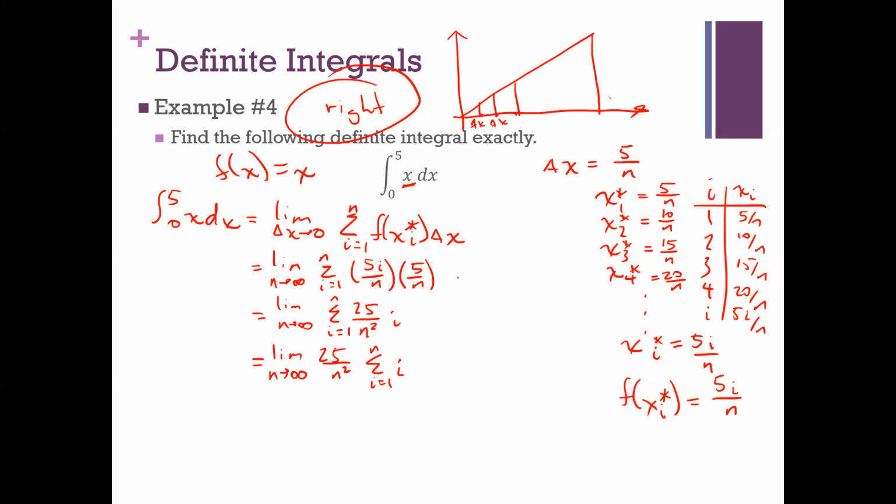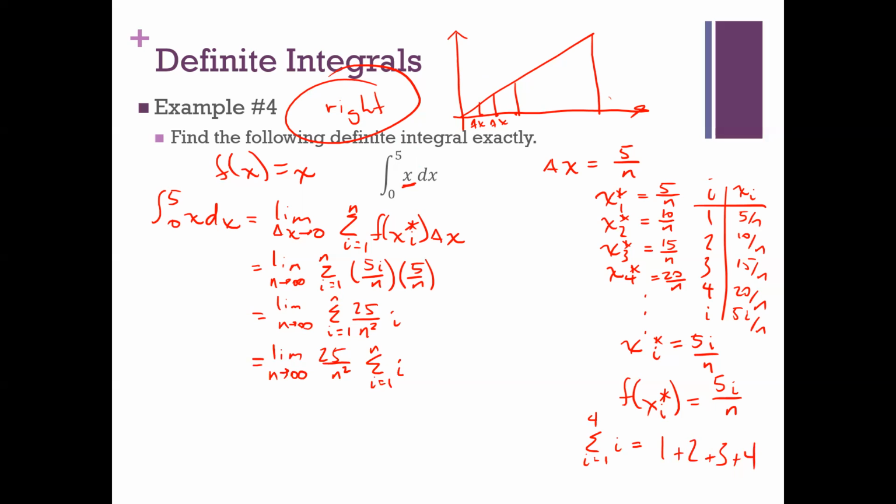That sum right there, how does that sum start? 1. So let me make some room here. So the sum, let's just do from 1 to 4 of i. What does this sum equal to, or how do I find it? 1 plus 2 plus 3 plus 4. And you stop at 4? Yeah. In this case, we stop at 4. So basically I start at i equals 1, and then I count up by ones.